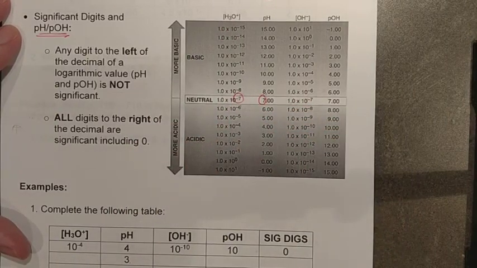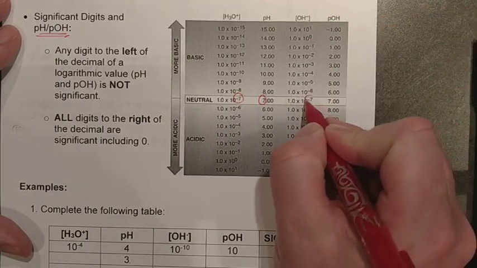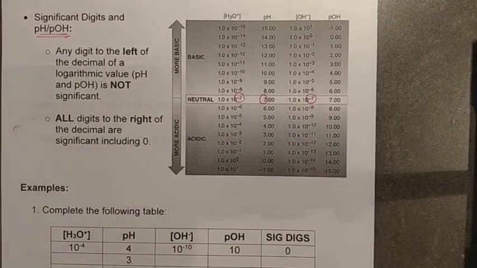Note the 7s. Okay, well, in a neutral solution, hydronium should balance hydroxide. So there you go, and your hydroxide ion concentration is 10 to the negative 7. Okay, so the 7s are kind of uniform here, and they make sense to us. They really do.